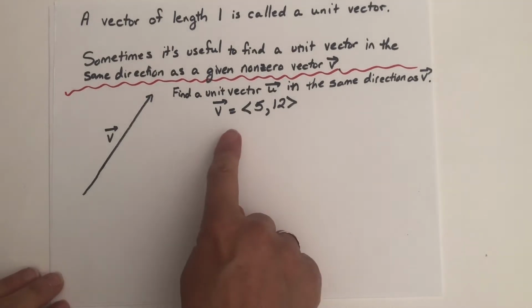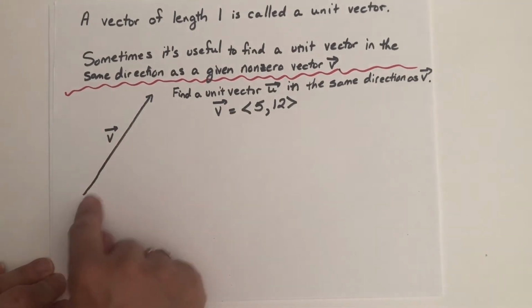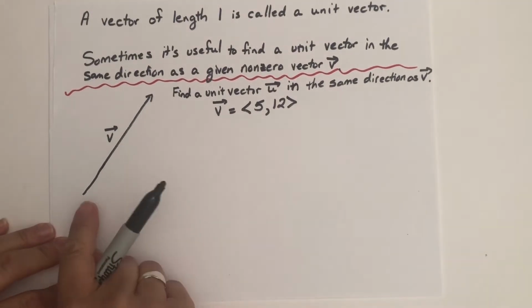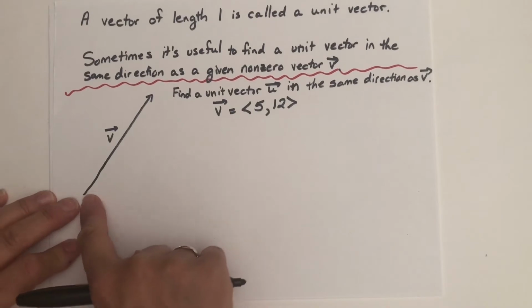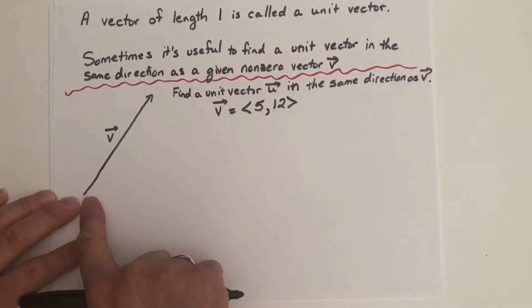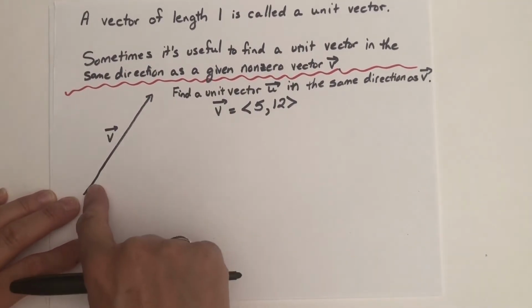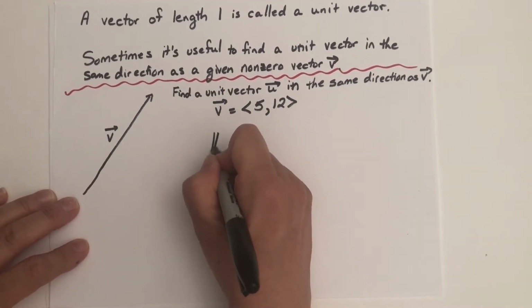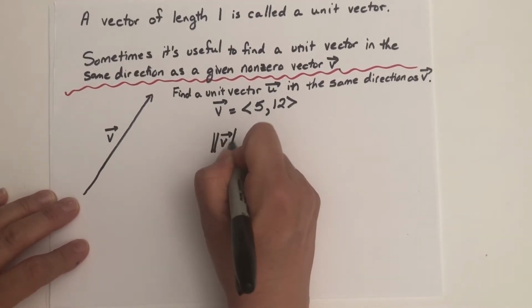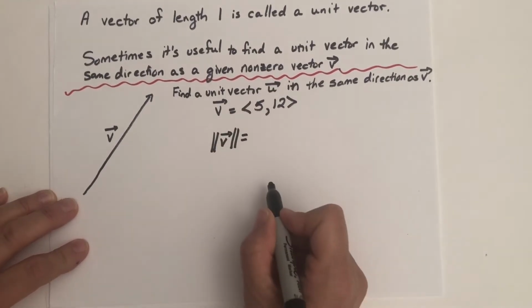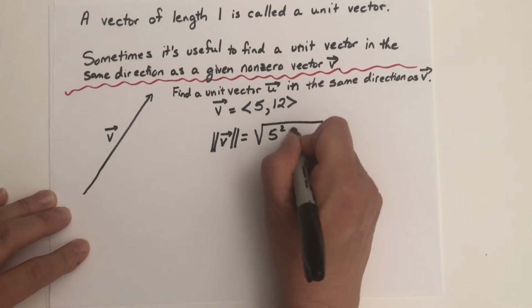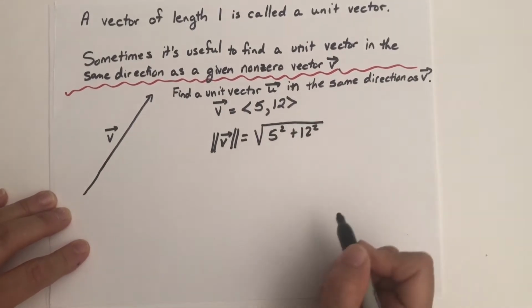So let's jump in, and we need to know how long it is first. So let's find its magnitude. The goal, remember, is to find a vector that is in exactly the same direction, but is 1 unit long. So here we go. Let's find the magnitude. The magnitude of v is equal to the square root of 5 squared plus 12 squared.